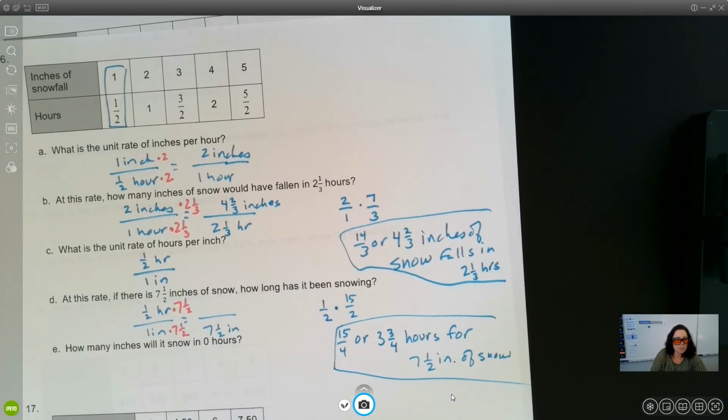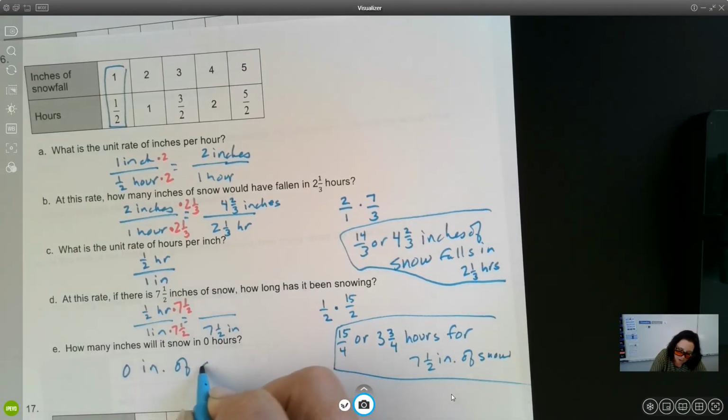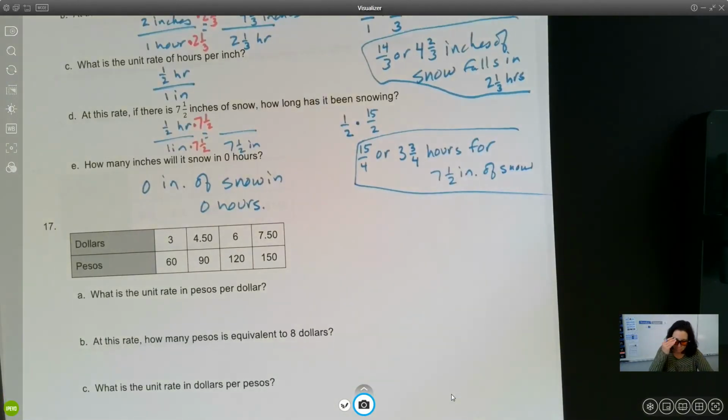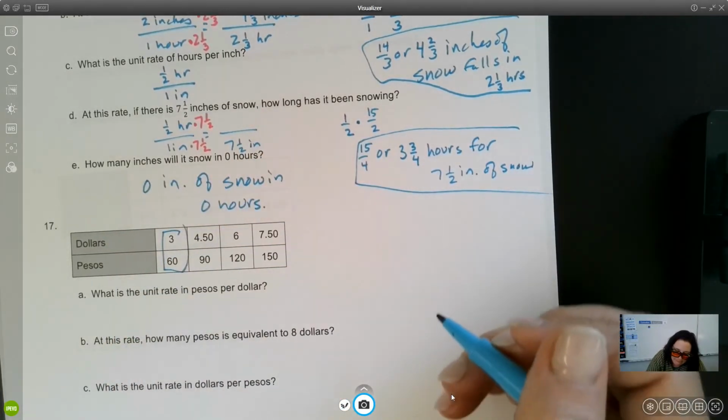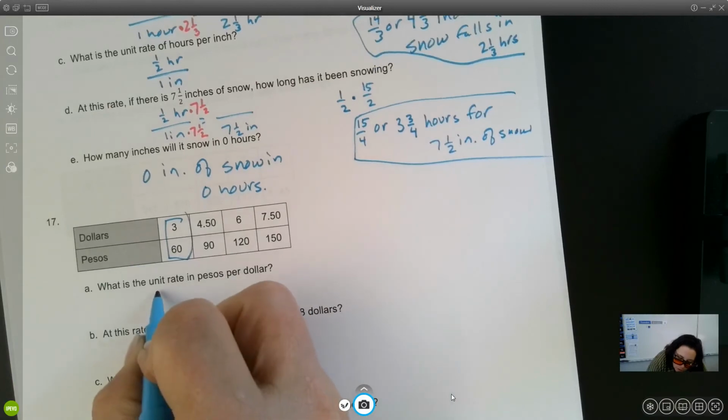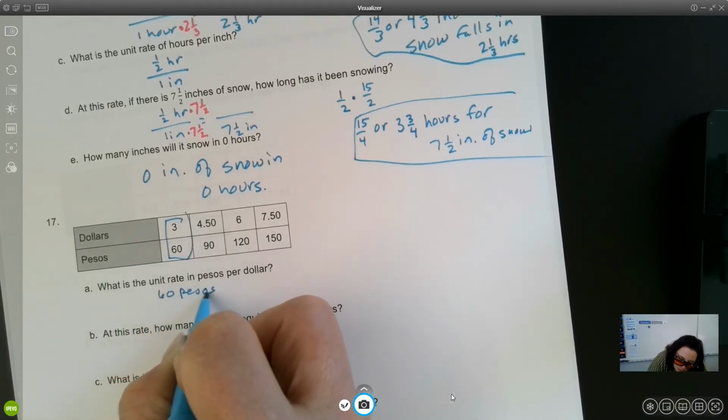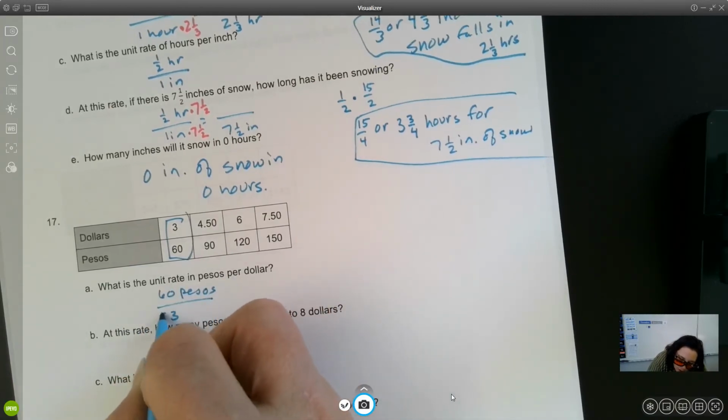How many inches will it snow in 0 hours? 0 inches of snow in 0 hours. Okay, next one. What is the unit rate in pesos per dollar? I'm going to take these here. Pesos per dollar. So 60 pesos in $3.